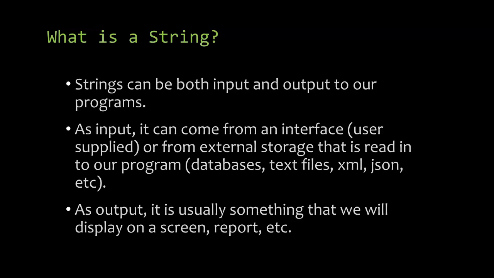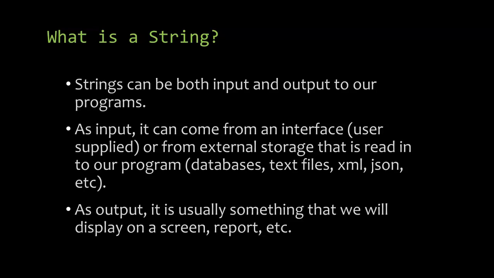So strings can be both input and output to our program. As input, it can come from an interface, such as a GUI that you defined on Windows, where the user supplied it, or it can come from external storage, okay, that we'll get to a little bit later in this course, where we can actually deal with reading it in to our program.